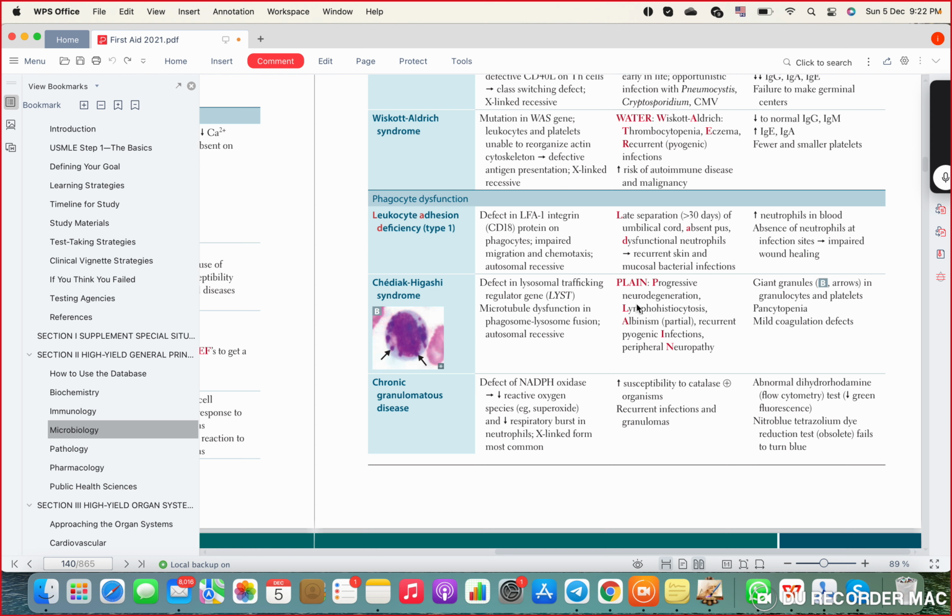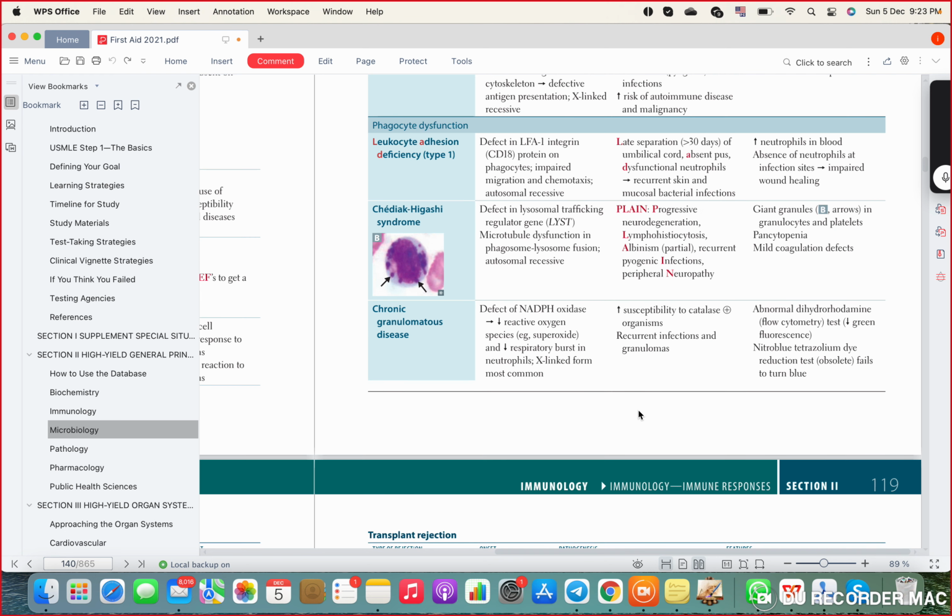Good. And can you tell me one more thing? In case of Chediak-Higashi syndrome, it's a microtubule dysfunction, yeah? Yeah, doc. So this microtubule dysfunction will prevent neurotransmission. It also will lead to a prevention of movement of the melanin from the basal layers of the skin to the upper layer of the skin, which leads to albinism.